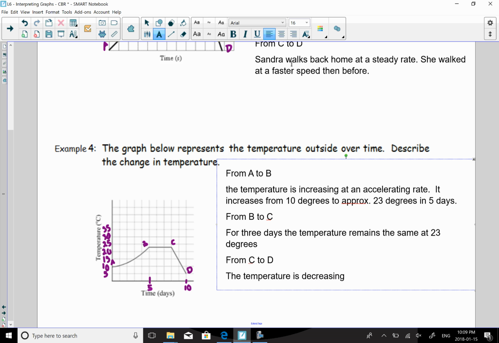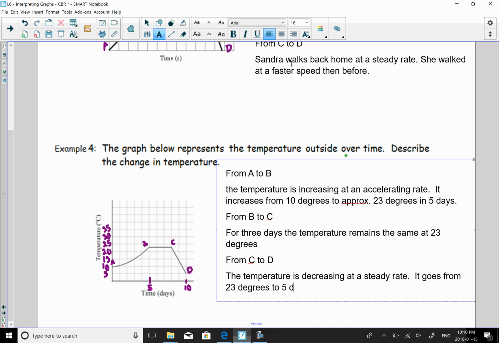So you can see it's getting colder at a steady rate. It's not accelerating, it's not decelerating, because it's not curved. It goes from 23 degrees to 5 degrees in 2 days.